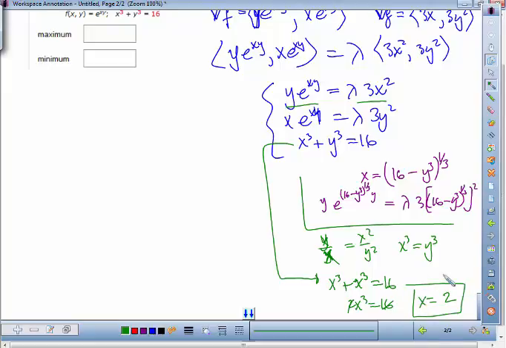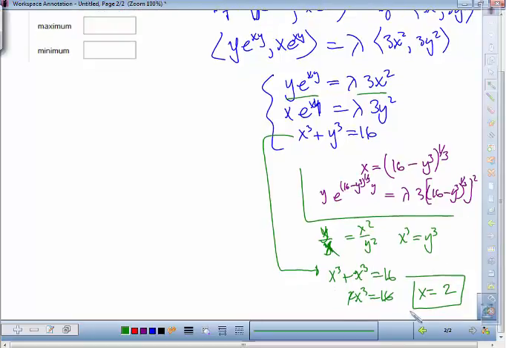So x is equal to 2, and then y is equal to 2 also. So we have that point, 2, 2.